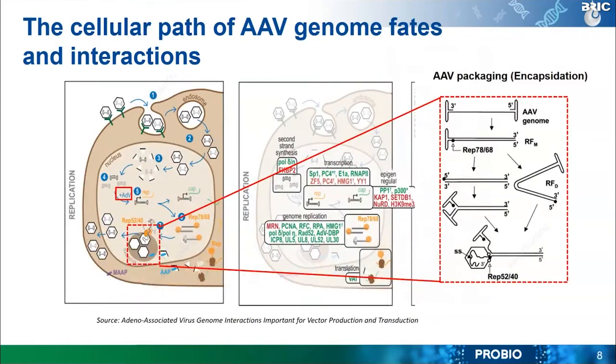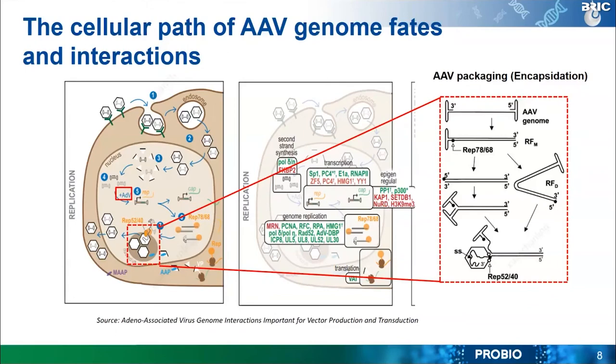Here you can see the transduction pathway of AAV. Firstly, AAV is recognized by the surface receptor of the host cell, and it triggers internalization. Owing to the somewhat low pH environment of the endosome, the VP1 and VP2 regions of AAV undergo a conformational change.